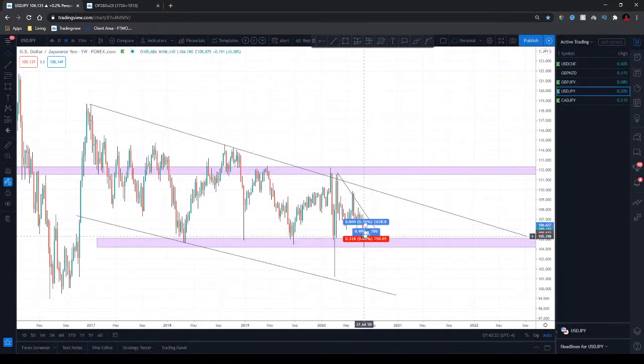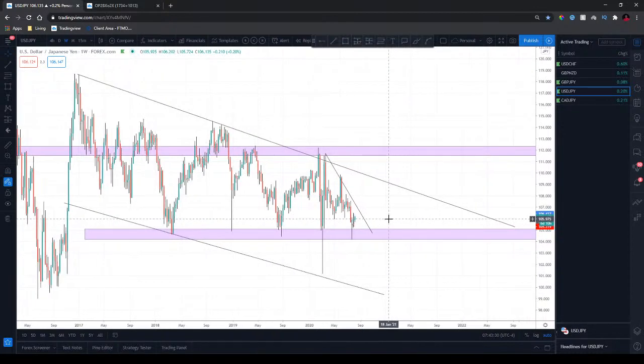Price could potentially correct up to here, give us a sell back down to this demand zone, and even potentially break it before going back up. But we'll just monitor the chart, see how it reacts to certain areas that we have marked up, and then react accordingly.